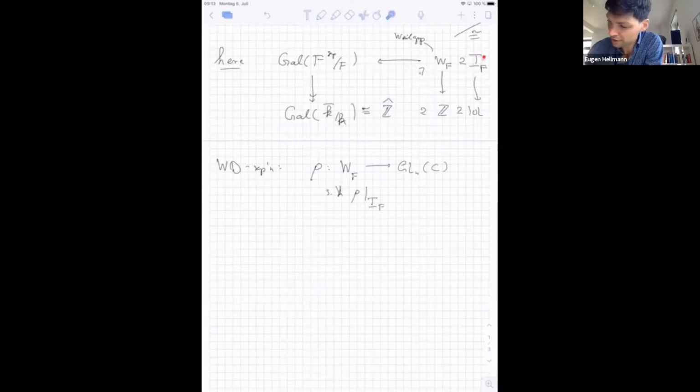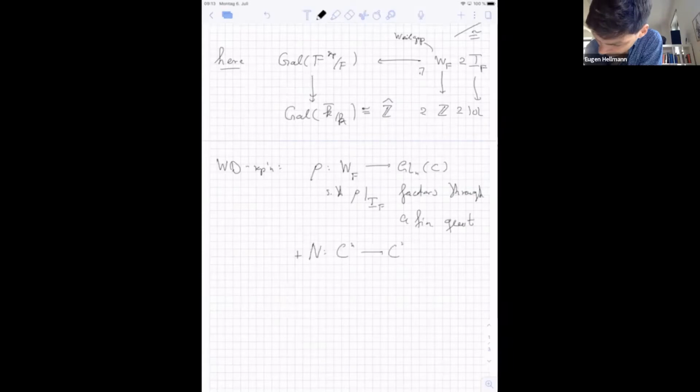So this is a profinite group, and in some sense this action of the profinite group actually comes from a finite group. So this factors through finite quotients, together with a nilpotent operator, say N, from C^n to C^n.